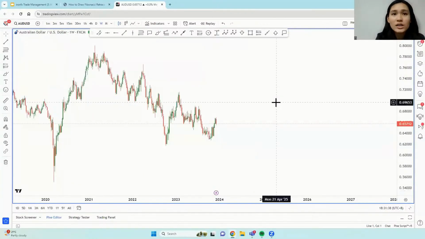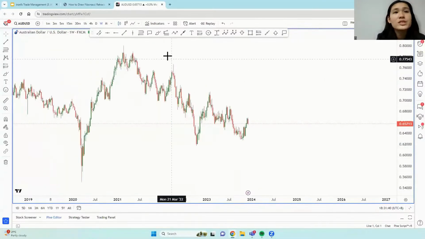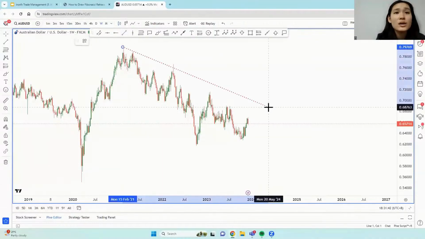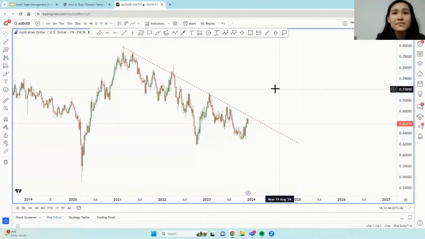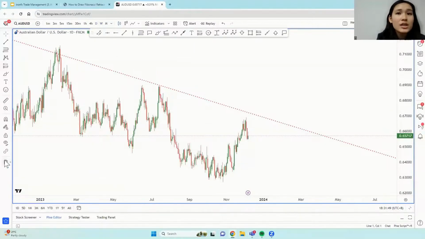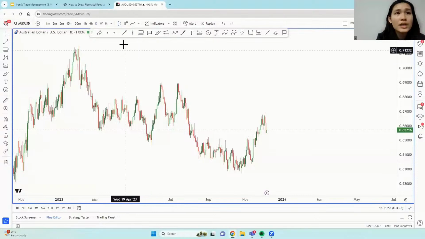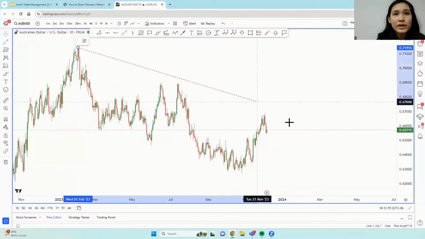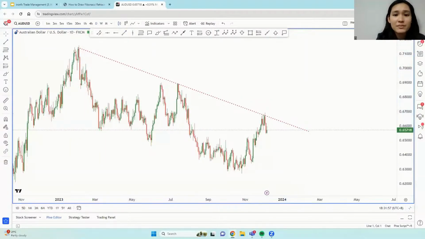On a weekly time frame, we see that the Aussie dollar is kind of moving in this descending trend line. So it is pretty bullish on a weekly time frame. If we look at the daily time frame, it does look pretty bullish as well. We also have a descending trend line.